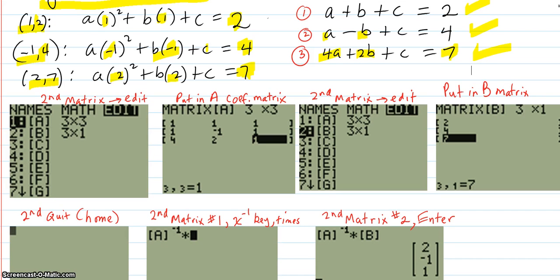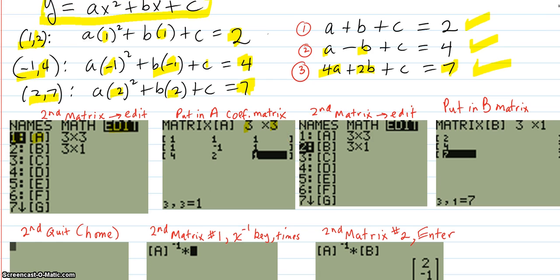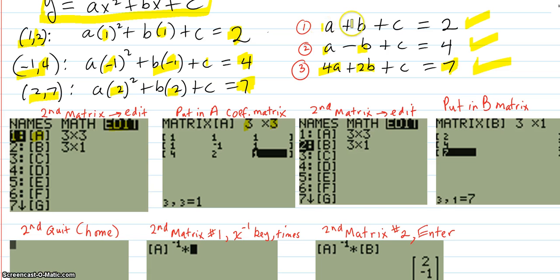Now using this matrix method, we do the second matrix and scroll over to edit, and we choose the number 1 A matrix, and that brings us to the screen. You make it be a 3 by 3, and you put in the coefficient matrix. The coefficient matrix is 1, 1, 1, 1, negative 1, 1, 4, 2, 1.